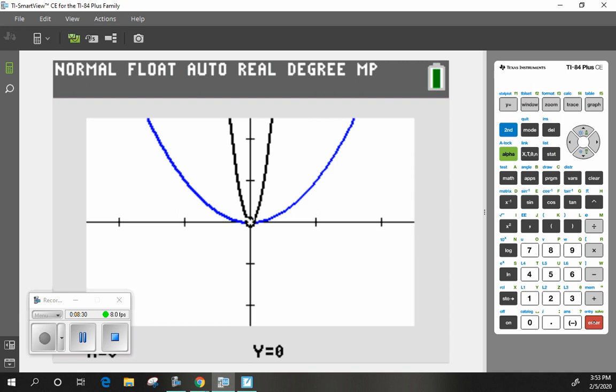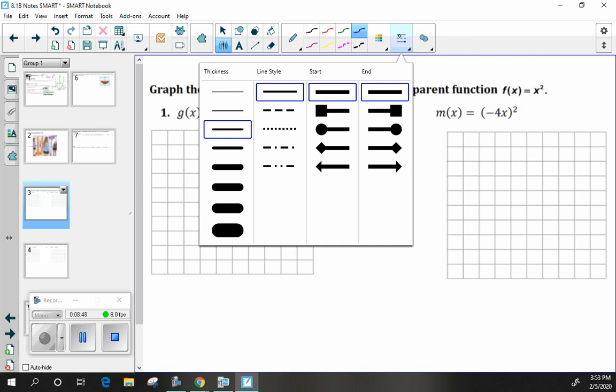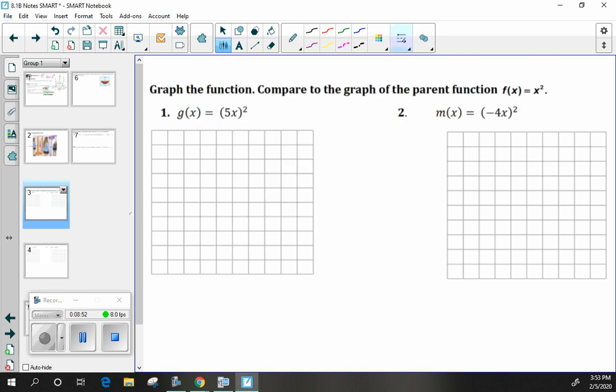So, going back to our graph, we have the function g of x equals 5 times x squared. And what I'm going to do is graph that. I'm going to graph our parent function so we have a reference.